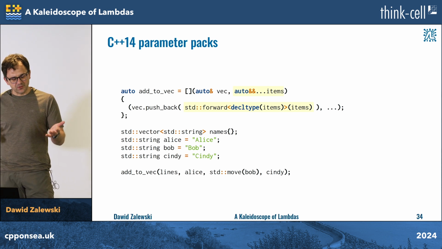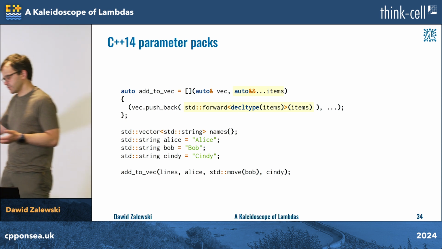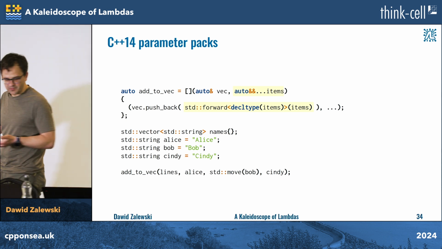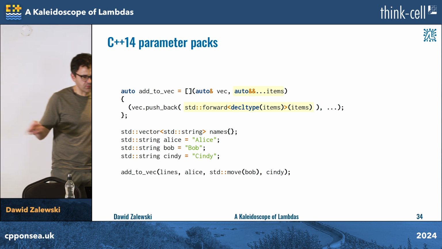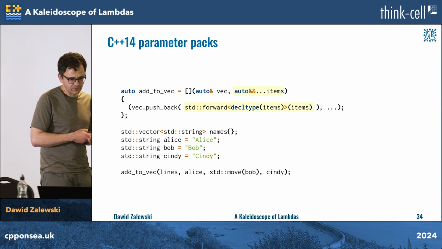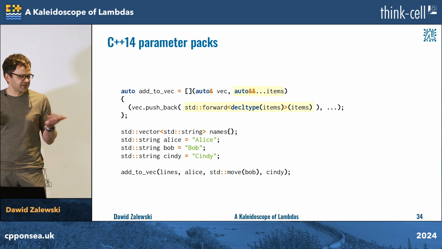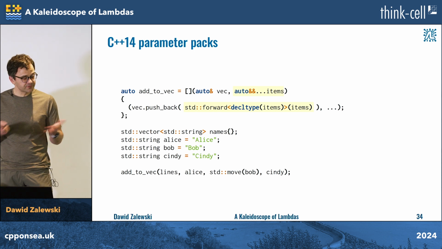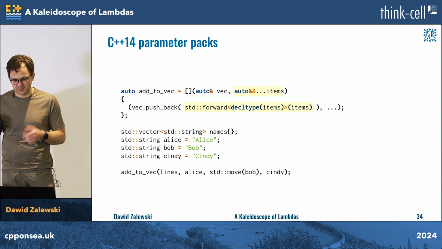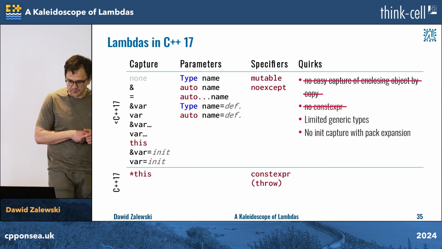So finally, you can write your lambdas that take multiple arguments and forward those arguments somewhere else. Like in this case, just push them all into the vector by expanding or folding over a comma in an expression, and that's sometimes nice. And we'll use this fact later on when we talk about a bit more advanced applications.